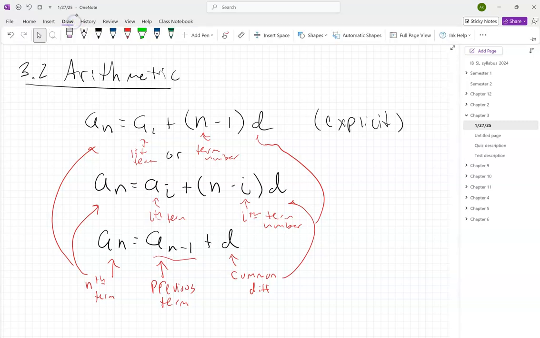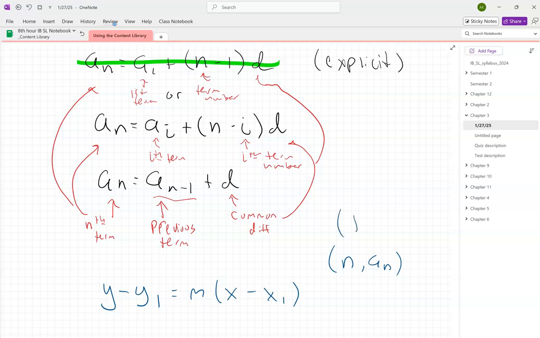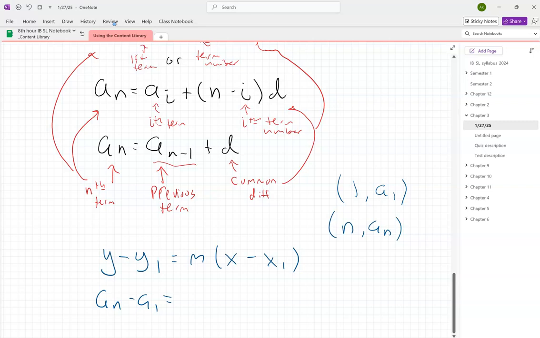Okay. If we look at, say, this formula here, does that look familiar to you guys? Yes. It should resemble our point slope equation for a line. So if we say instead of x comma y, our function is n comma a sub n, and we have the point 1 comma a sub 1, this becomes a sub n minus a sub 1 equals m times n minus 1.